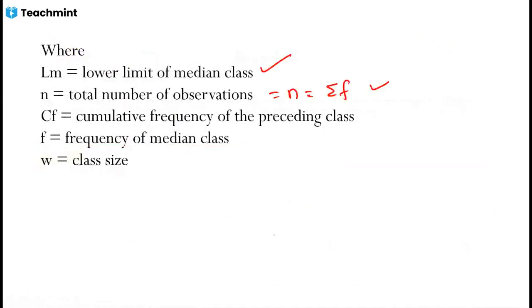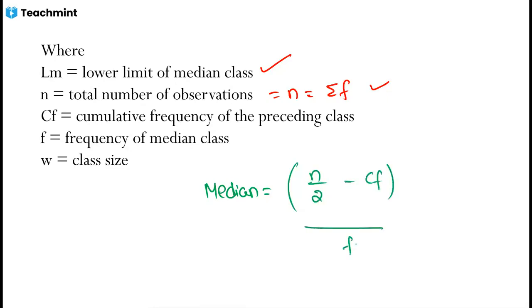But right now, for median, you just try to recall this formula. You have to write it a number of times on paper. Don't only listen in class. You need to practice, write it on paper. This formula you may not be able to remember easily, whereas mean is sum of f into xm by sum of f, which is okay. But this one, n by 2 minus cumulative frequency divided by frequency, all this we have to multiply with W, which is width of the median class or class size.